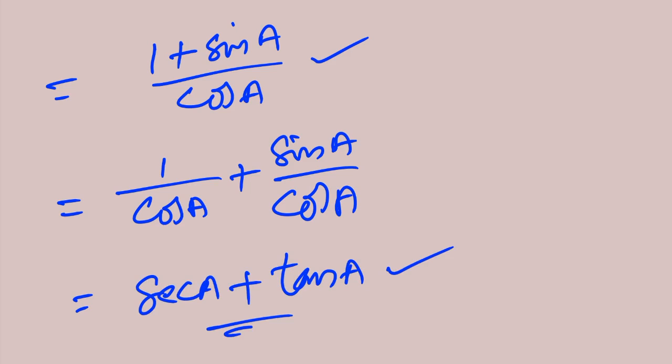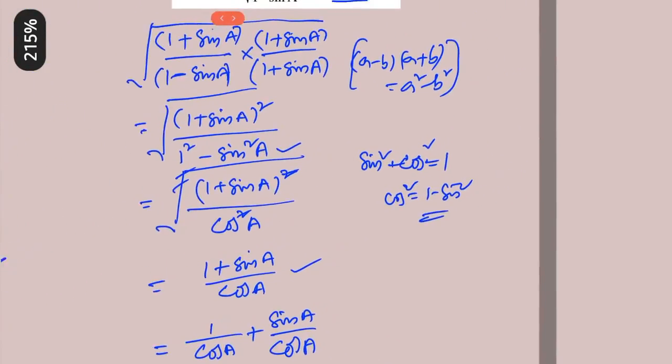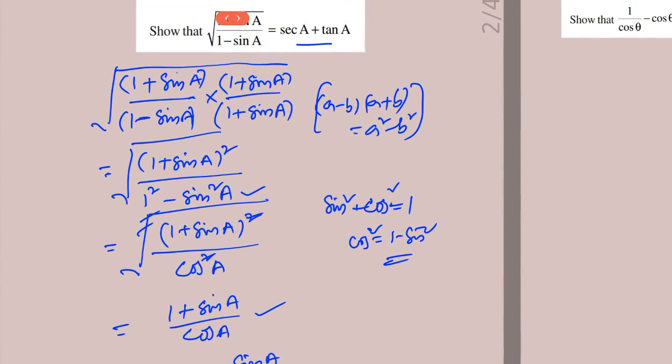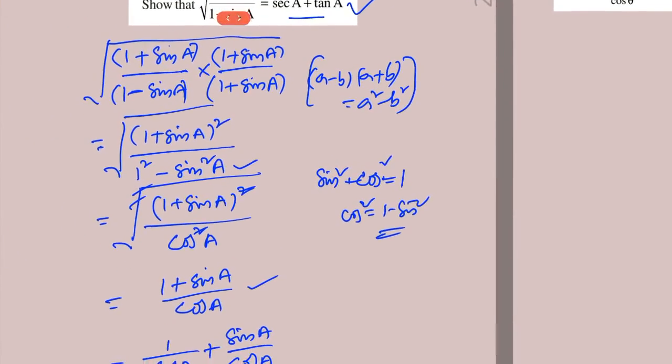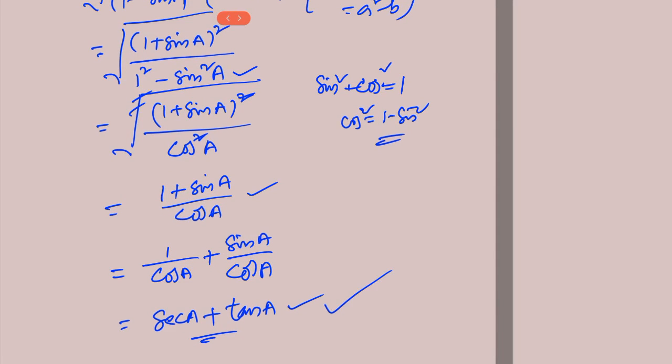So this is the expression we got. Finally we proved what they asked, secant a plus tan a. Yes, finally we got the same thing, secant a plus tan a. So in this way we can solve these kinds of problems.